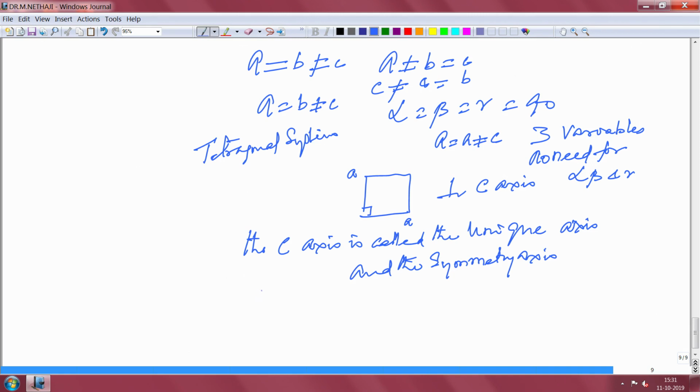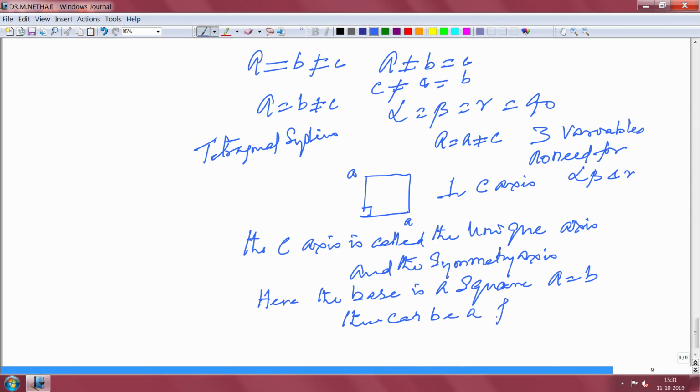Here the base is a square, that is A is equal to A. So there can be a four-fold rotation. That is, at the midpoint there can be a 90-degree rotation.